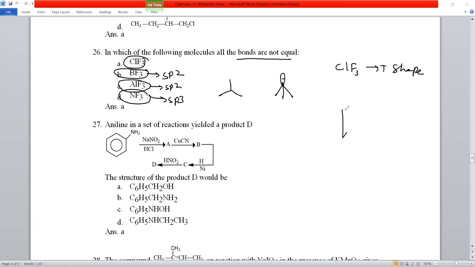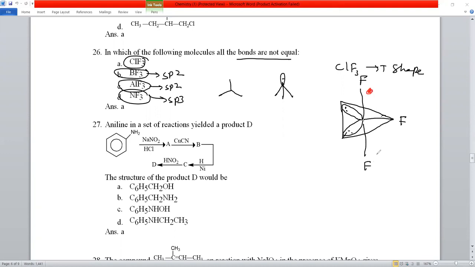T shape means we can draw it like this. One fluorine here, one lone pair on the central atom, another lone pair on the central atom, 2 lone pairs. Another fluorine here, another fluorine. So we have 2 types of bonds here.